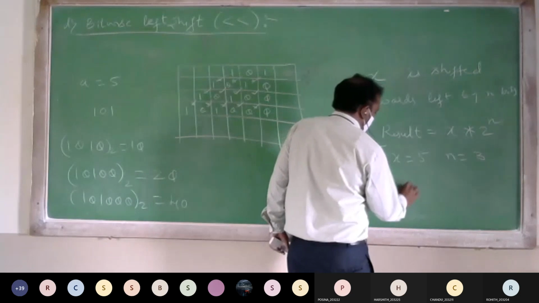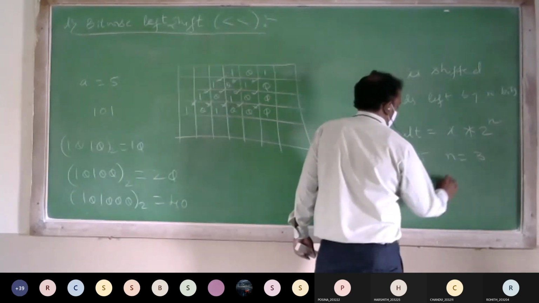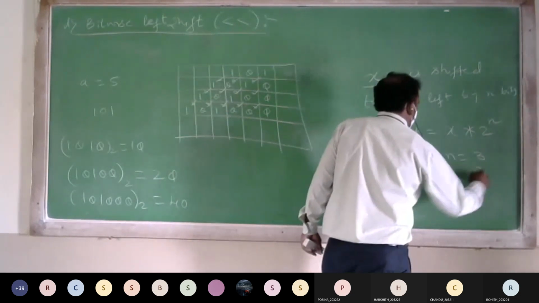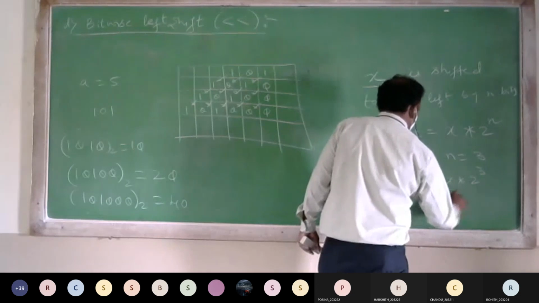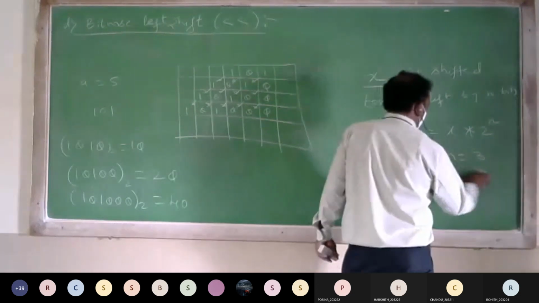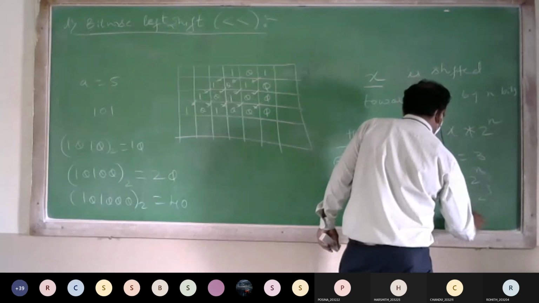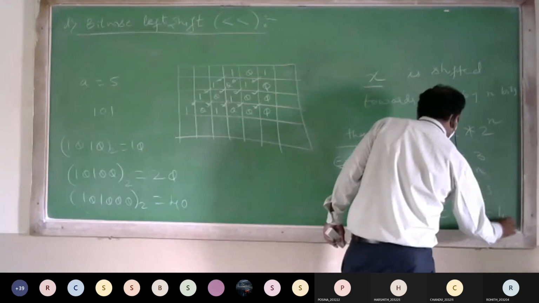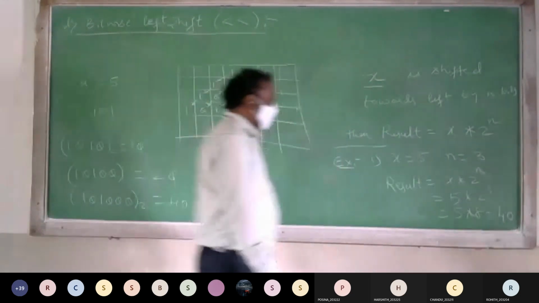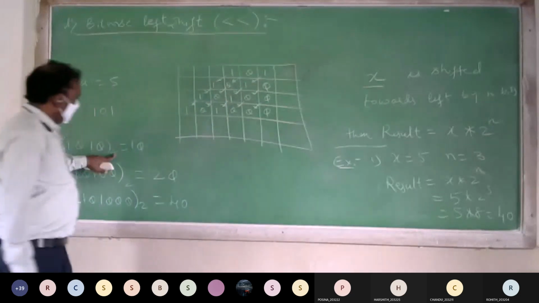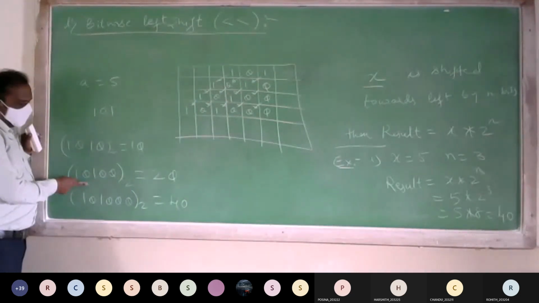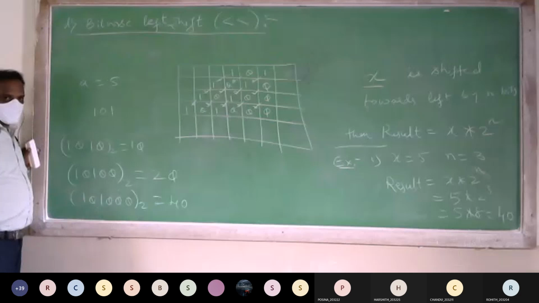Then the result is equal to x into 2 power 3. What is x? X is 5. 5 into 2 power 3, 5 into 8. What is 5 into 8? 40. So 1 time you have got 10, 2 times you have got 20, 3 times you have got 40.